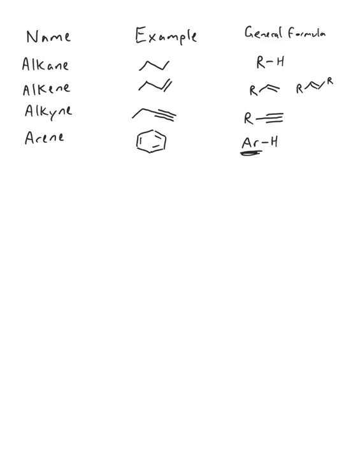We can then keep moving. Alrighty. Next one you need to learn is the alkyl or alkyl halide. So alkyl is just when you have an alkane attached to something. So an alkyl halide, well, obviously has to have a halide. So say alkyl chloride.